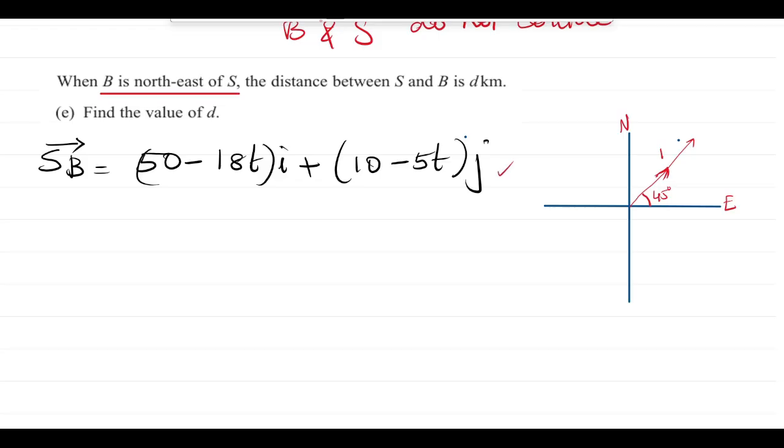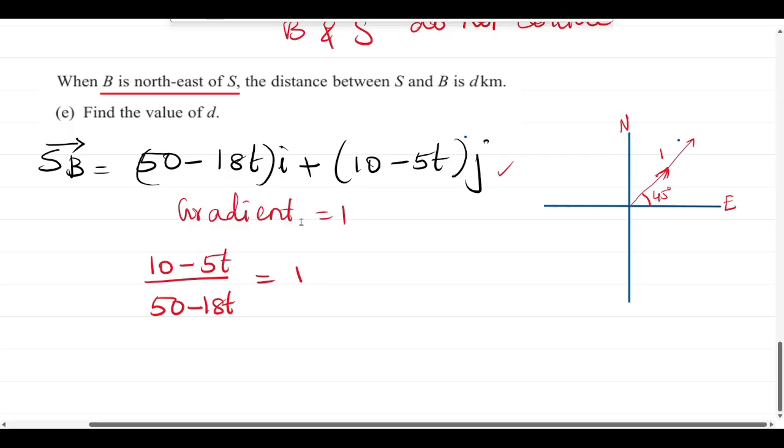So 10 minus 5t divided by 50 minus 18t equals 1.